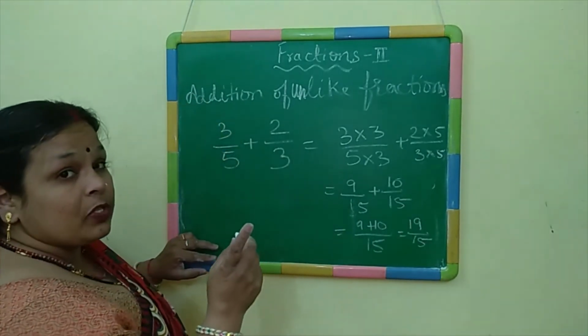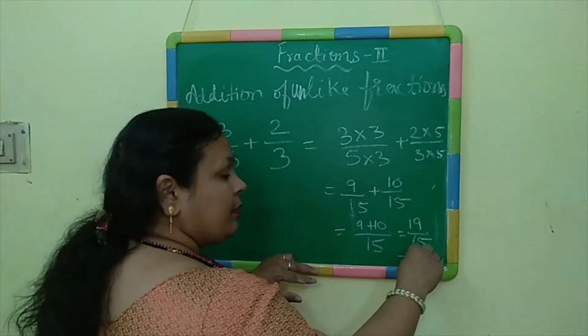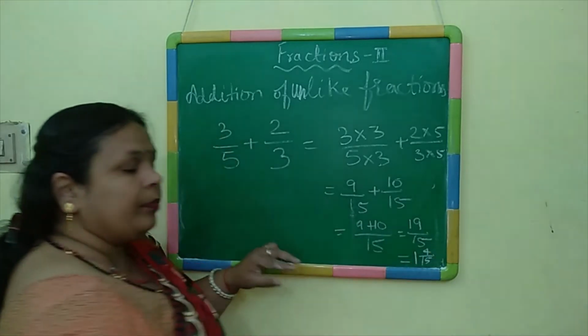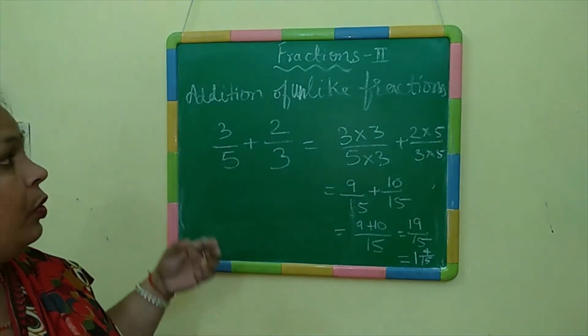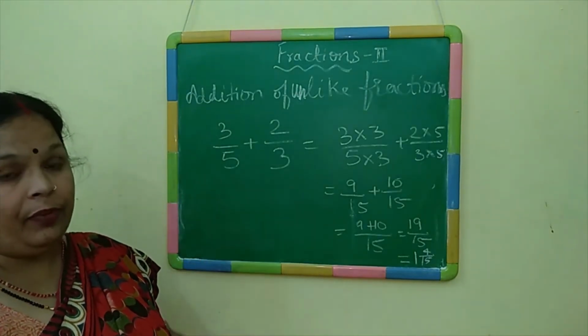No cancellation is possible, but it's an improper fraction. So we will write it as a mixed one, 1 and 4 by 15. Clear? So this is the way we are going to add two unlike fractions.